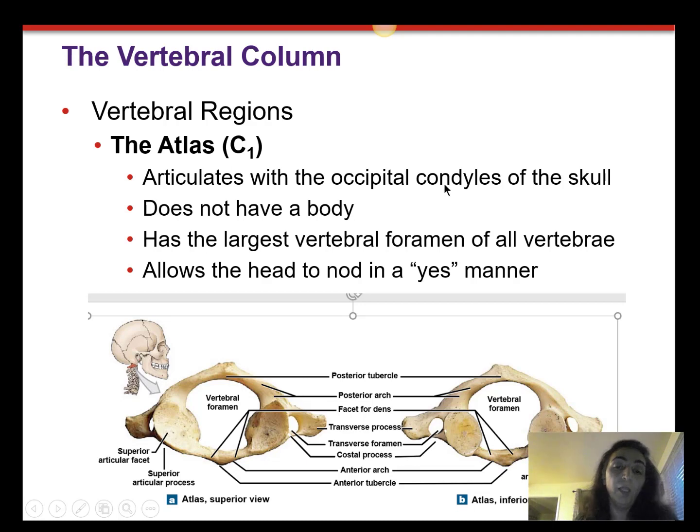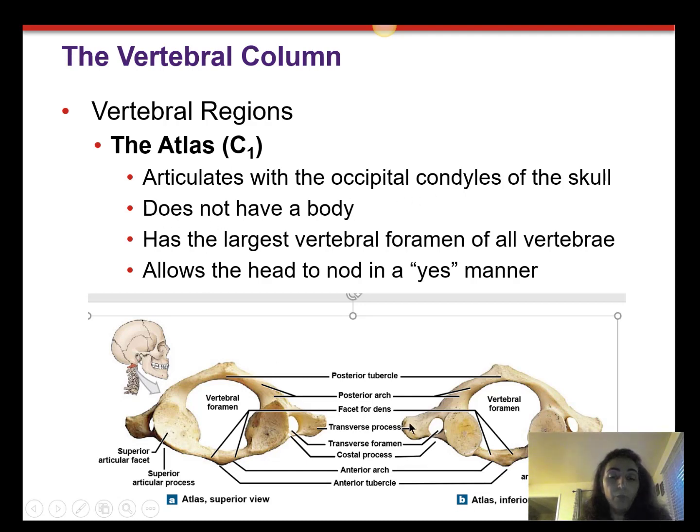We said that the condyle is the place where two bones are going to make a joint with each other. So the occipital condyle is part of the occipital bone that is going to make a joint with the vertebral column. And the first vertebra of the vertebral column is C1 or Atlas, right? So this Atlas is going to articulate with the occipital bone at the occipital condyle.